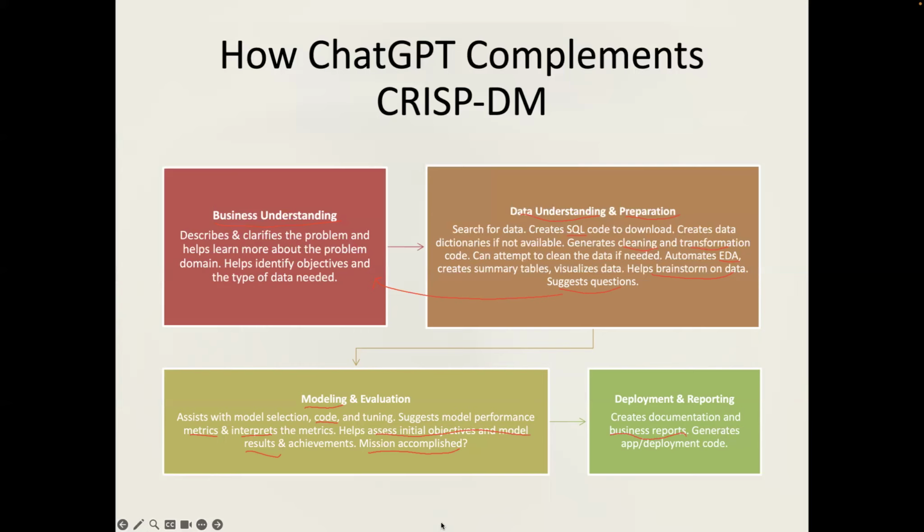And who's your audience? Business people, technical people? ChatGPT can help you format and change the language and fix grammatical problems for you. It can also generate application deployment code if you want. It's not going to write the whole thing as of today, but it can help you write the code.